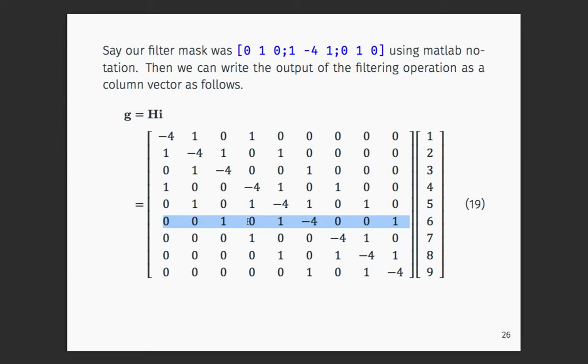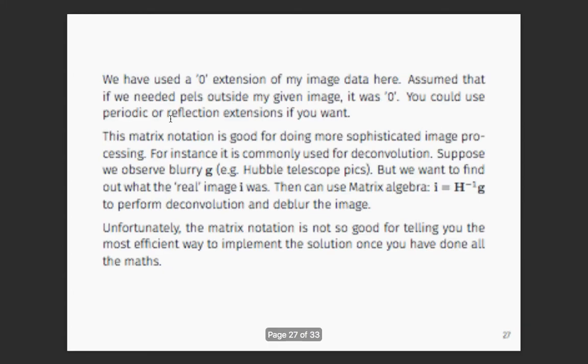And the reason why this is useful is because this is the most generic way of doing things, and there's a lot of research and really cool stuff happening, trying to do inversions of these matrices to get really cool effects. I'll try to find you some examples of that in future lectures. But yeah, you can do matrix algebra, and you can do inversions of matrices and so on.